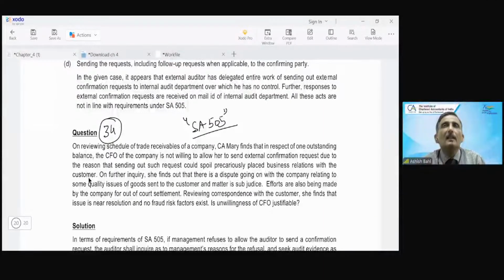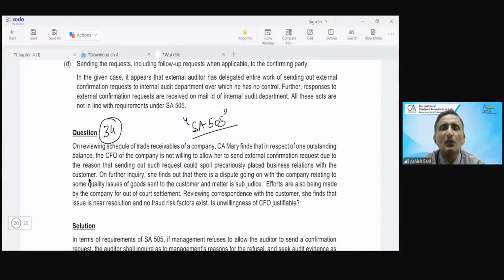Obviously, the auditor would first of all have to inquire into the reasons for management's refusal to send a confirmation request. Sometimes the request may be reasonable. Like in this case, there is a dispute with the trade receivable, and the matter is nearing resolution through an out of court settlement.